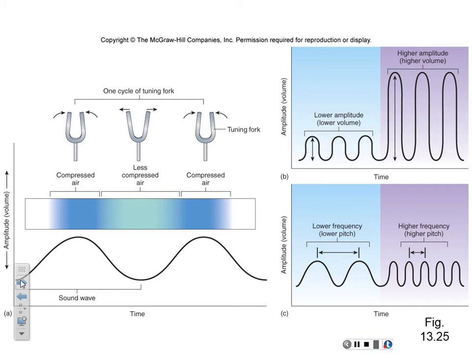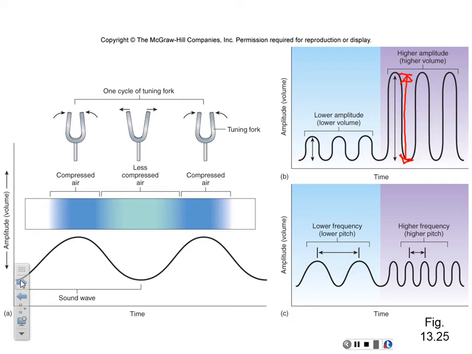Because you see, here's the amplitude, the size of the wave determines the volume. And then, of course, low pitch, low volume. High pitch, low volume, same volume as that. And this is low pitch and high volume. Okay?